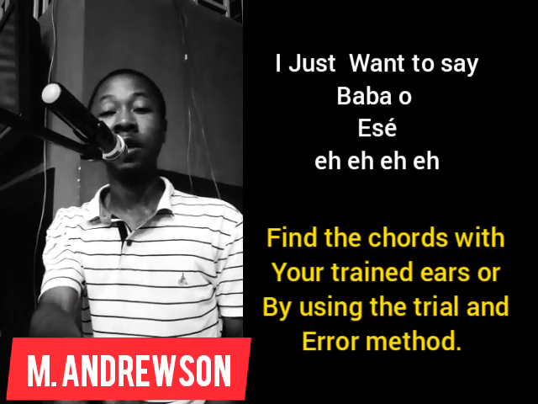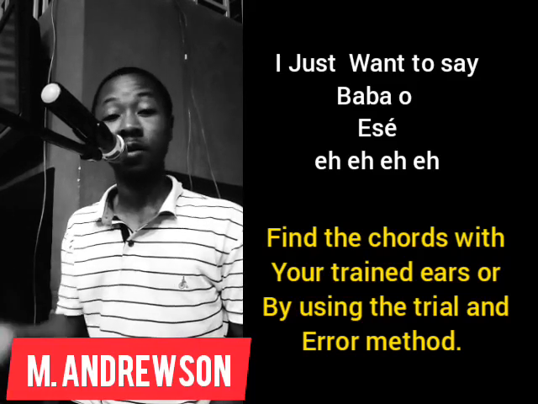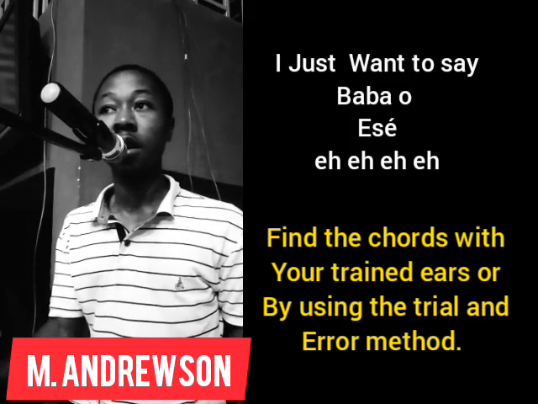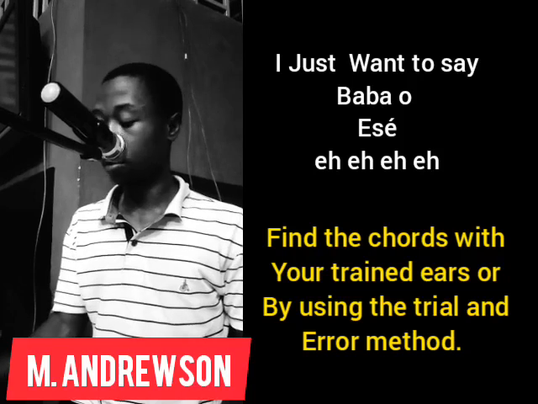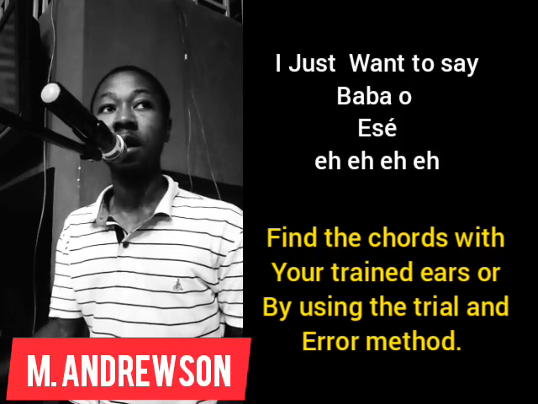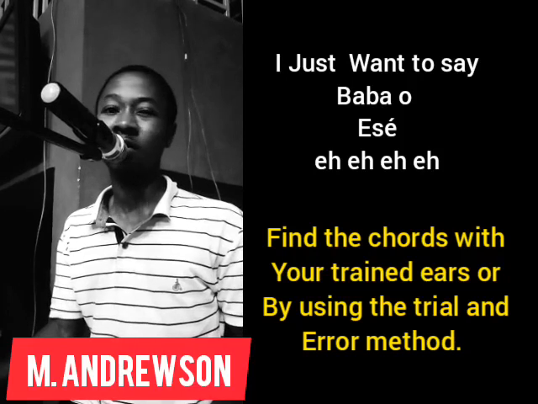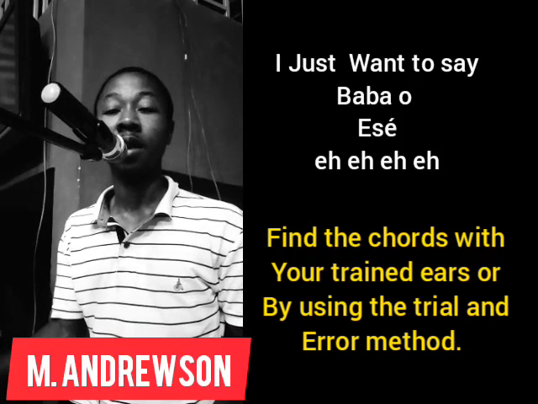Which of these 1 to 7 chords, because in every major key there are seven diatonic chords? No, the 1 will not go. The 2 almost rhymed. So let's try the 3.